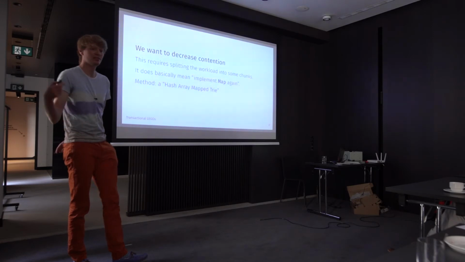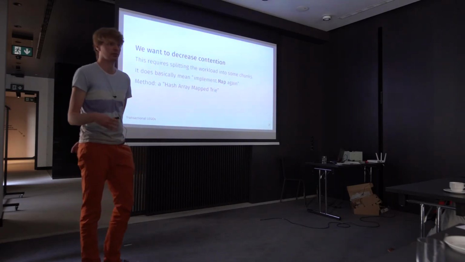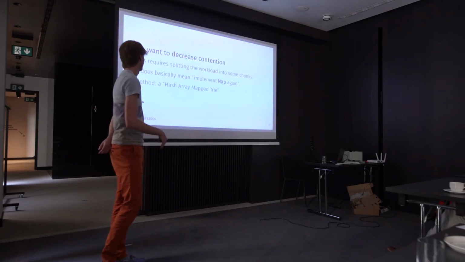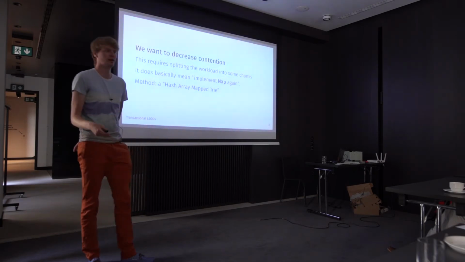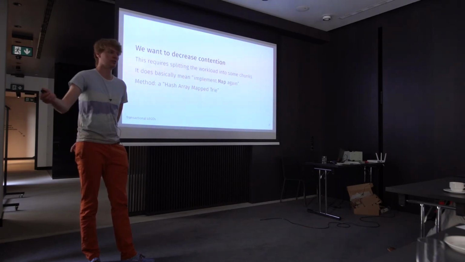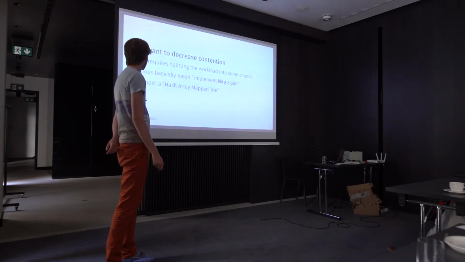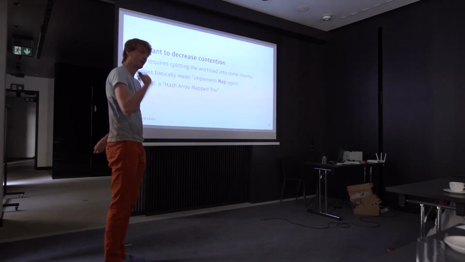We want to decrease this contention again. And this requires splitting the workload into some chunks, right? You want a mechanism to avoid having to mark the outer TVAR as changed every time you do a key update. And this basically means we need to go on a lower level.